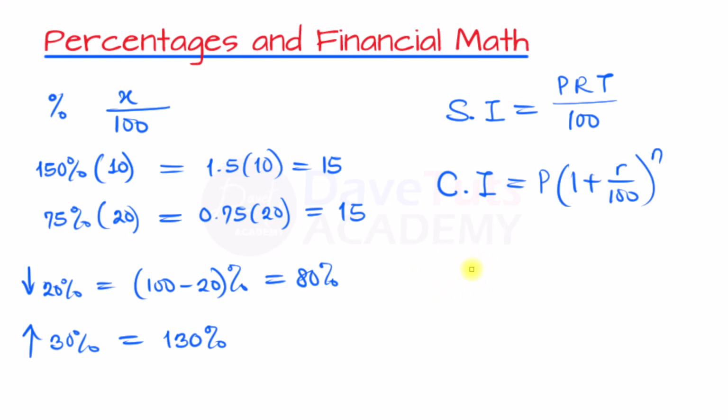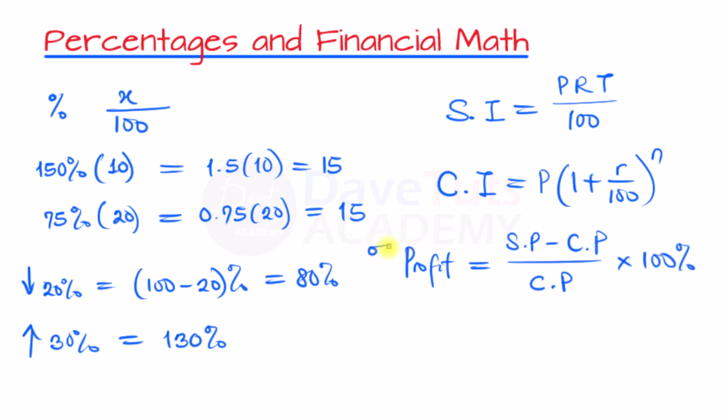Now, the other thing you can come across is percentage loss and percentage gain, profit and loss. If it is profit, then it will be the difference between the selling price minus the cost price, divided by the cost price, all multiplied by 100%.